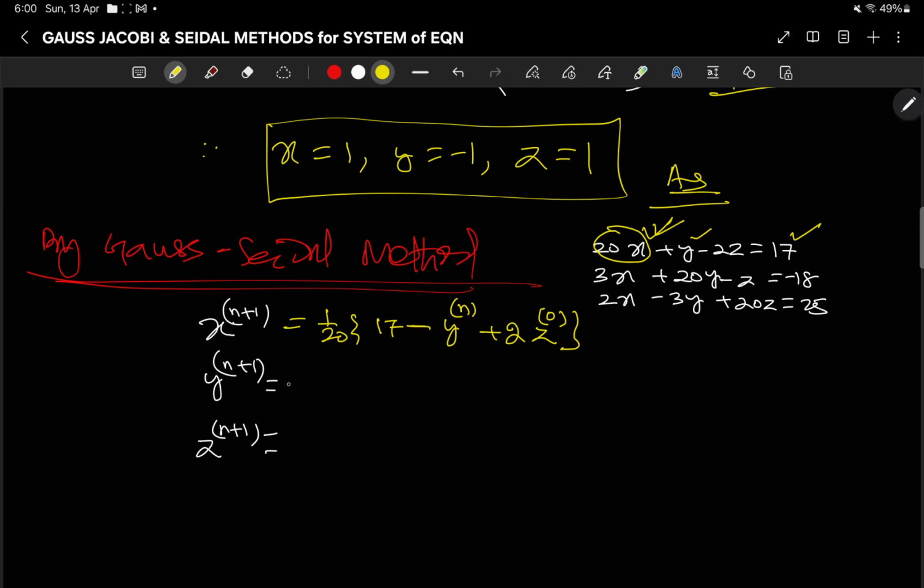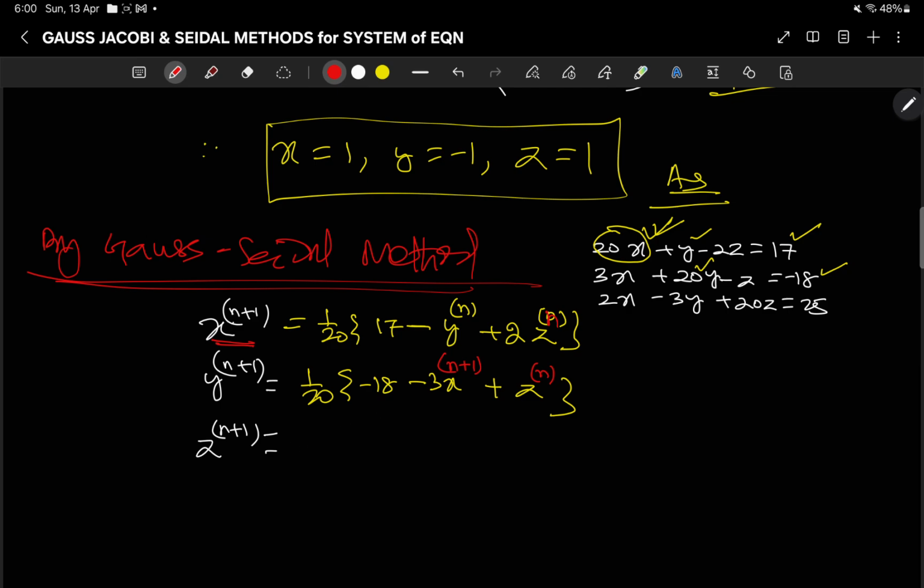Right. Now for the second we have 1 by 20, this y is minus 18 minus 3x plus z. Now you see here, for your y we don't have any, for your x we have an improved value here. For z it is still the previous value.